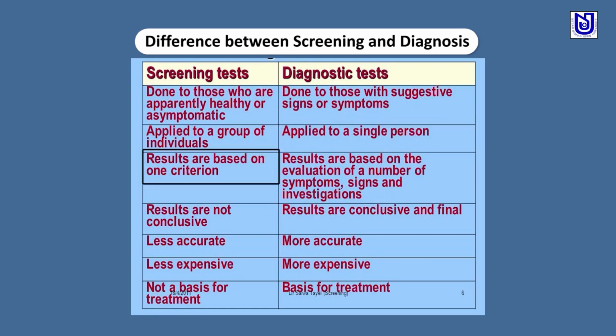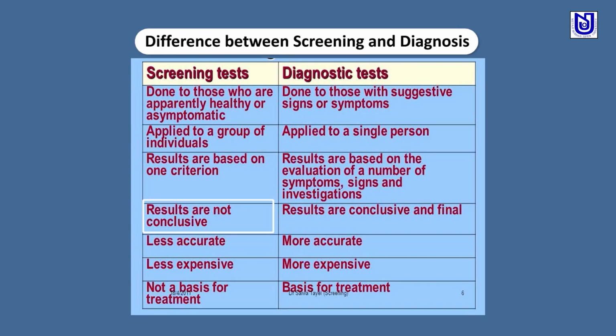In a screening test, results are based on one criterion, whereas in a diagnostic test, results are based on the evaluation of a number of symptoms, signs and investigations. Screening test results are not conclusive.